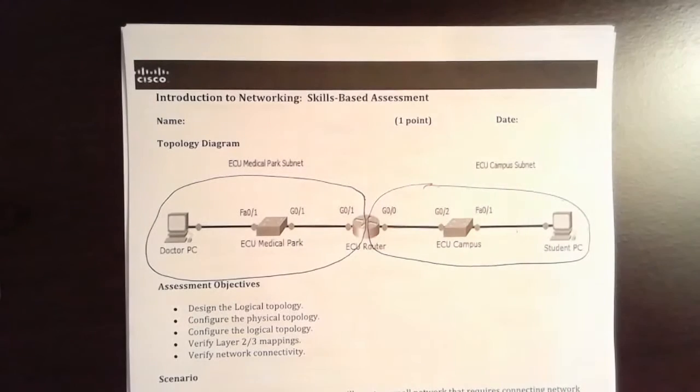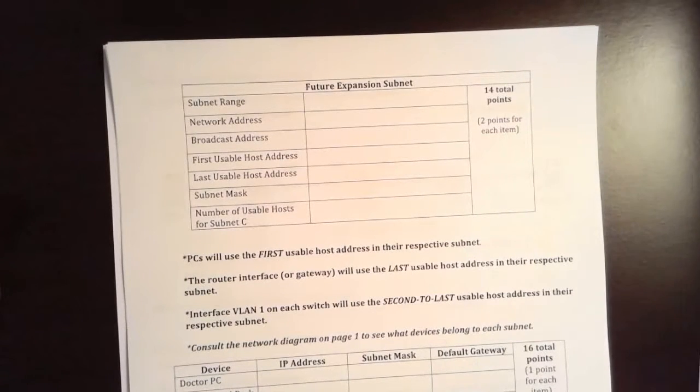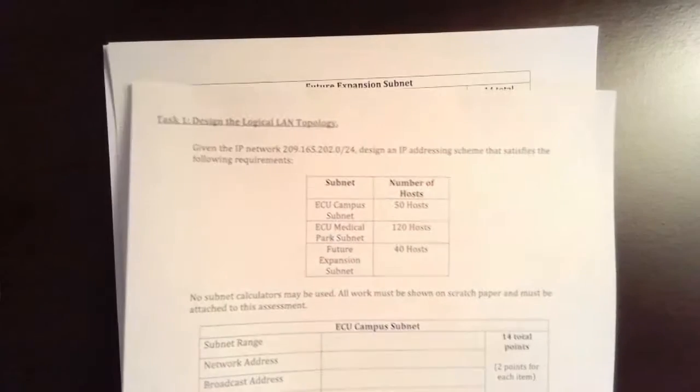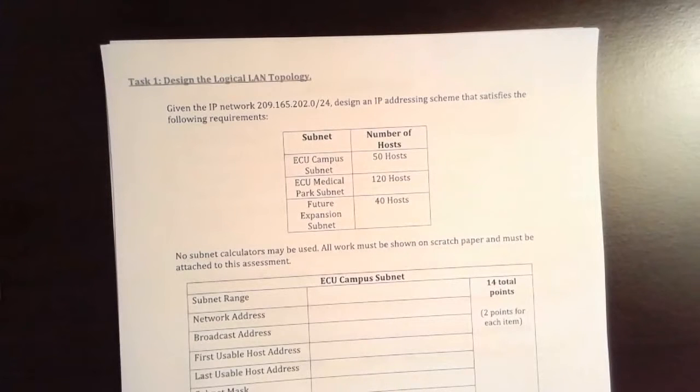Now when we flip to page 2, our first task is to divide this stuff out based off the host requirements. We've got 3 different subnets that we need to make: the ECU Campus subnet, the Medical Park subnet, and a future expansion subnet that we won't actually assign any addresses or devices to.